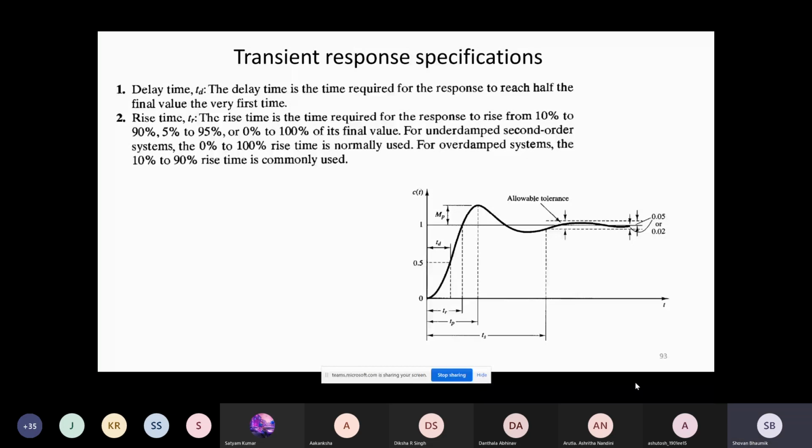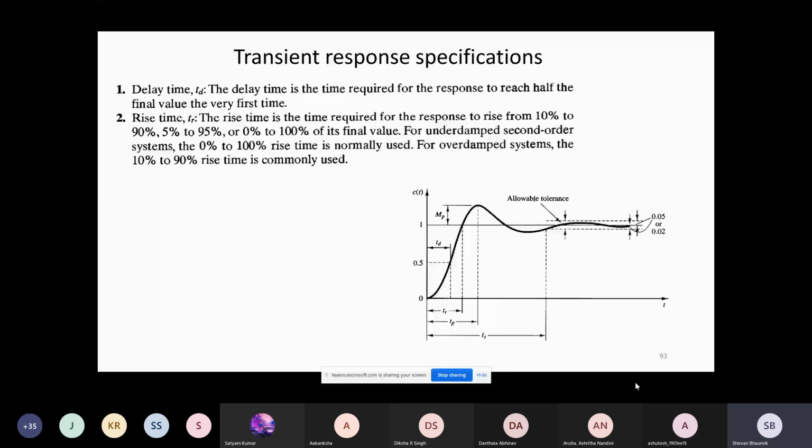Now the rise time, TR. We define rise time differently in many places. Rise time is the time required for the response to rise from 10% to 90%, or 5% to 95%, or 0% to 100% of its final value. So it depends on how you are defining it.